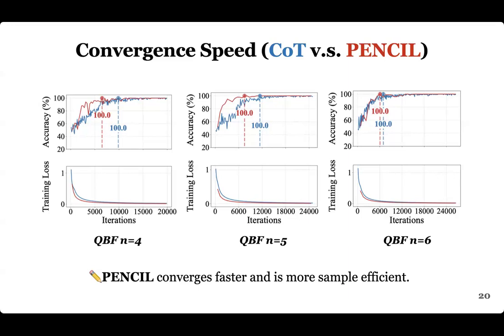When trained on the same amount of tokens, PENCIL converges faster to almost perfect performance, while chain of thought, even using the same amount of training data, converges slower. It means that by discarding the irrelevant information in the context, PENCIL can learn to reason more efficiently.